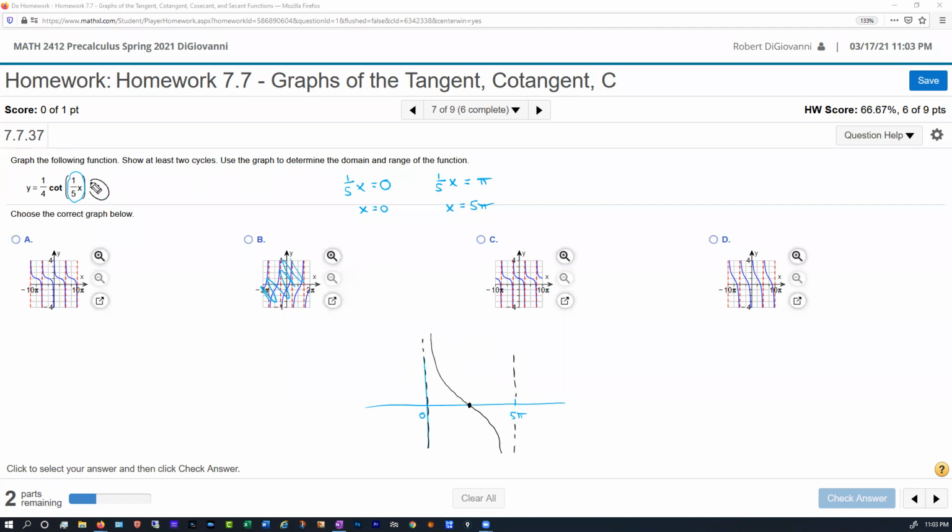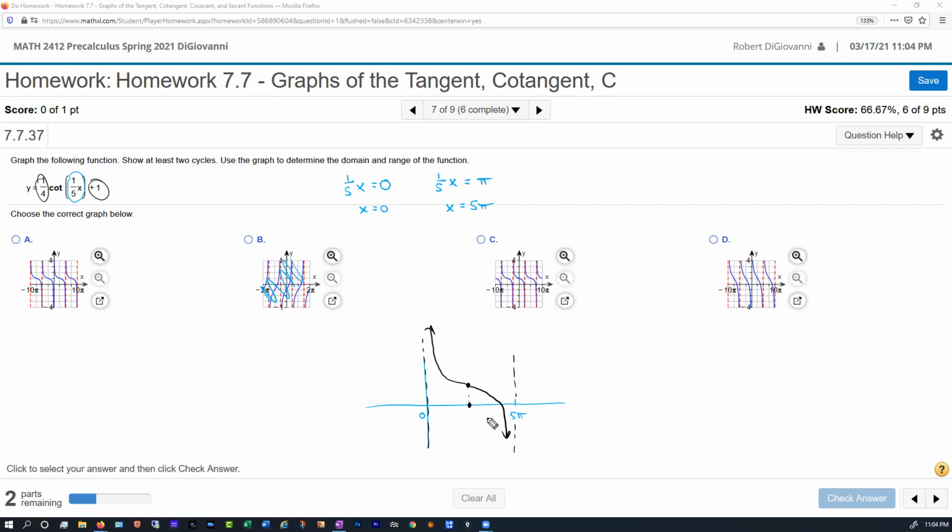But we have a +1, and then the 1/4 makes it scaled down. That shrinks it, so it makes it kind of flatter. So it's going to be more like this and like that. And then we have to move the whole thing up. So I'm just going to move that point up 1. So that's really our graph right there, and it's kind of flattened out like that.